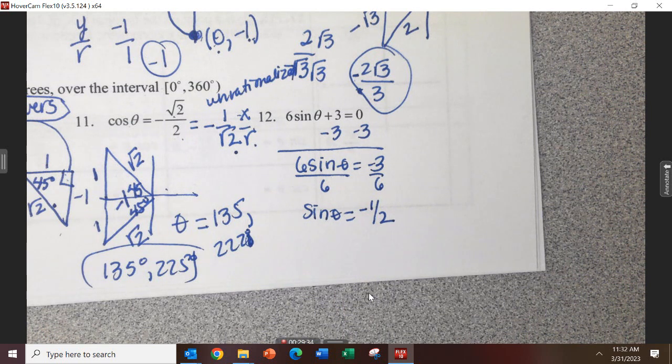Raise your hand when you think you know those answers. Two answers. Sam? 30 and 330. Close. One of them's right, and you both correct.